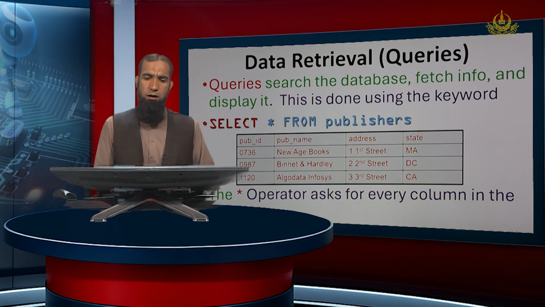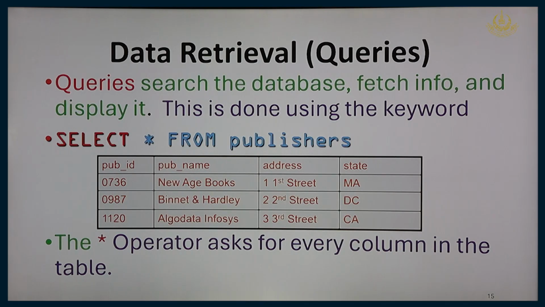In the given example, we can use select star from publisher. It means basically we are saying all the records of the publisher table. When we use select star, we are asking the database to return all columns from a table.